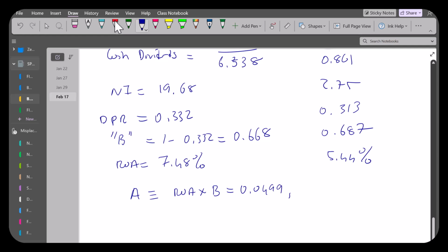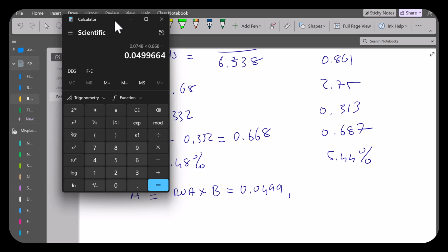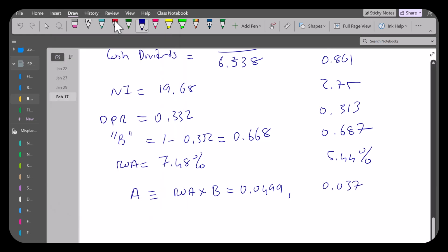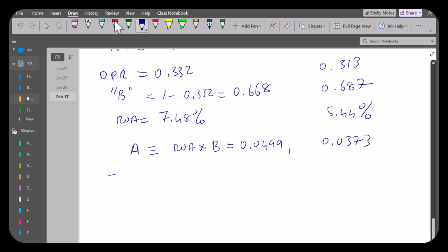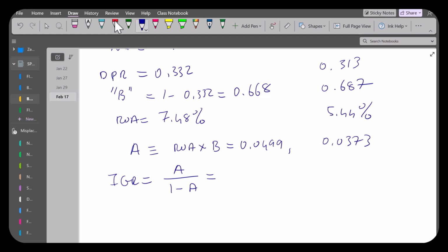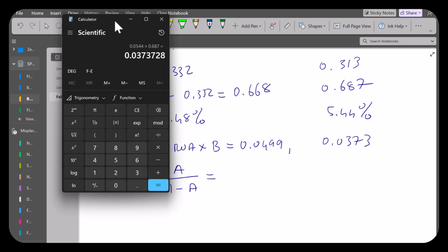I'm rounding things up. Normally, I would make these calculations in Excel, but that would be too much switching. 5.25%.